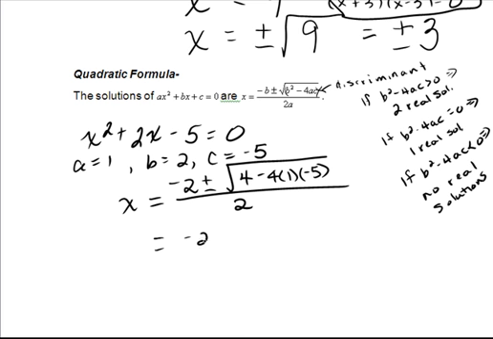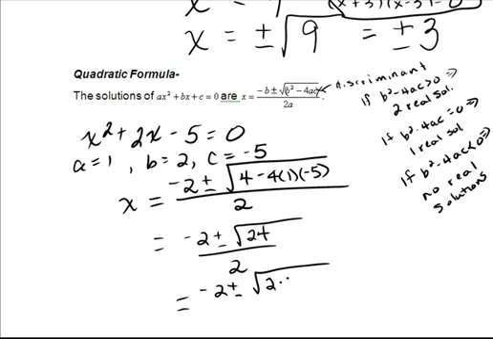So that's going to be negative 2 plus or minus the square root of 4 plus 20, which is 24, over 2. Now, you may have forgotten how to simplify a radical. I'm going to factor this down into primes. 24 is 12 times 2.